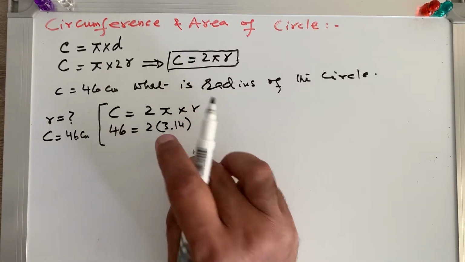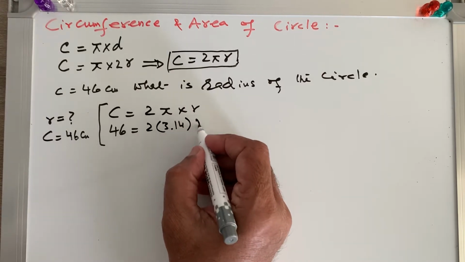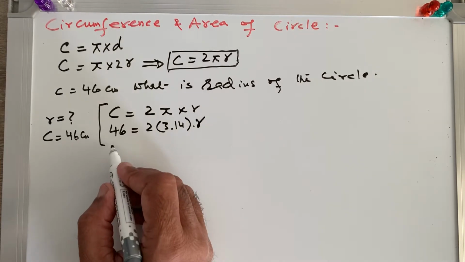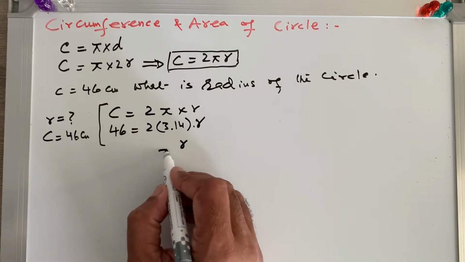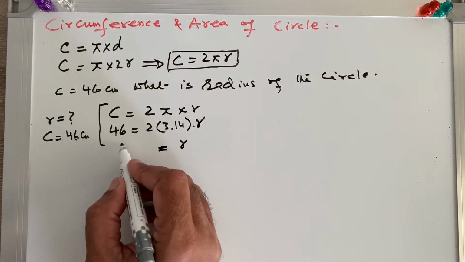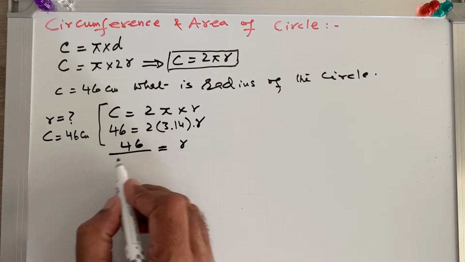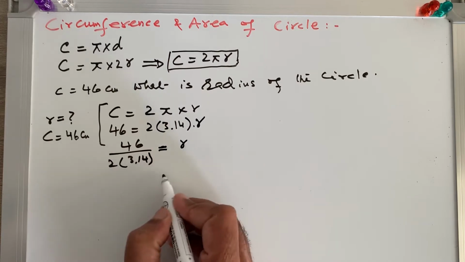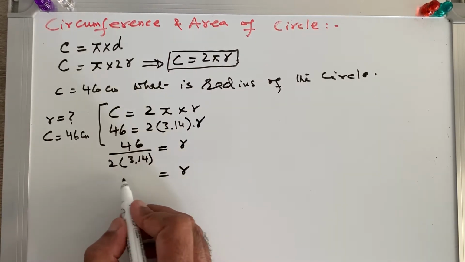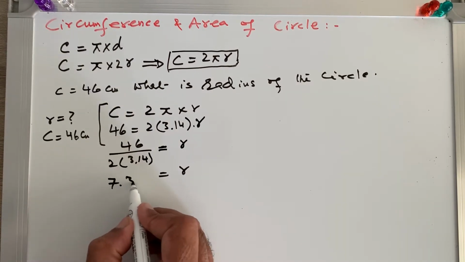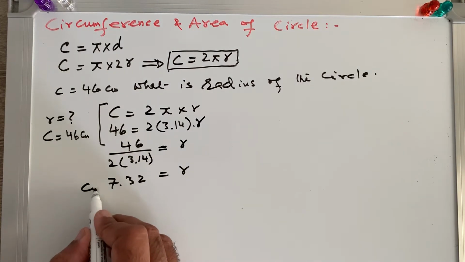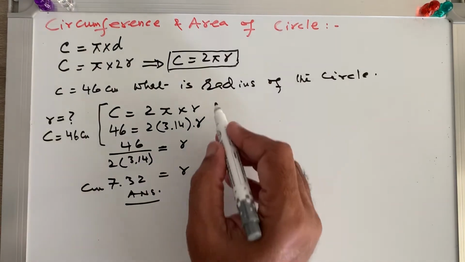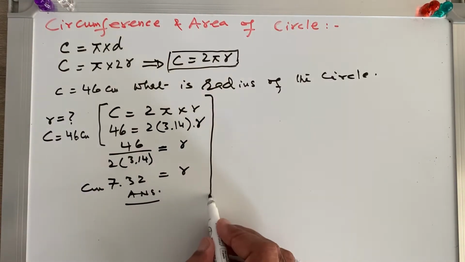So I can put r directly, because multiplication is understandable by a dot. If I shuffle it to the left-hand side of the equation, I have to say 46 divided by 2 times 3.14, and if I put this value in the calculator, I get my answer. 7.32 centimeter is the radius. So if circumference is known, we can find out the radius of that circle.